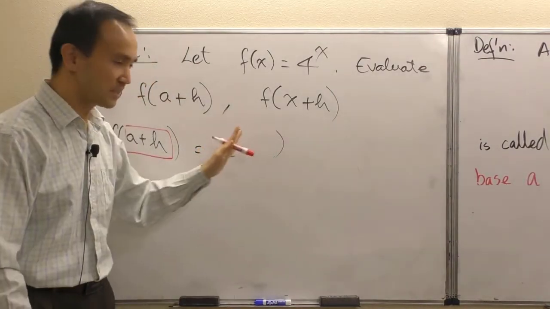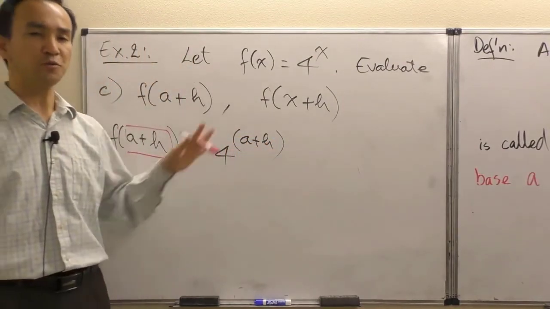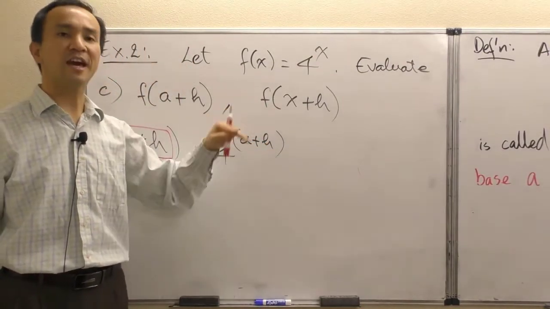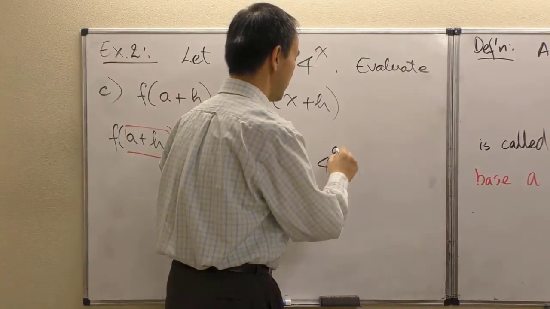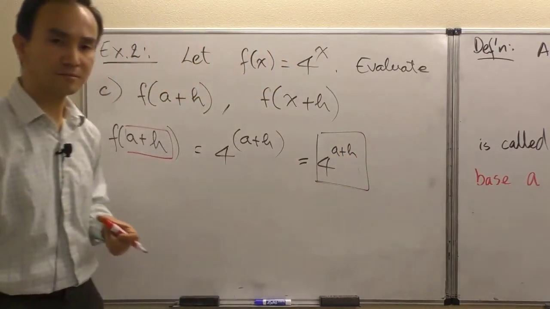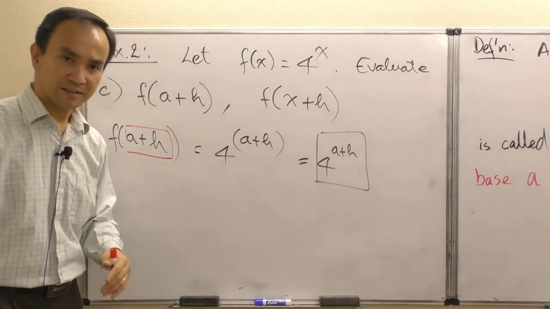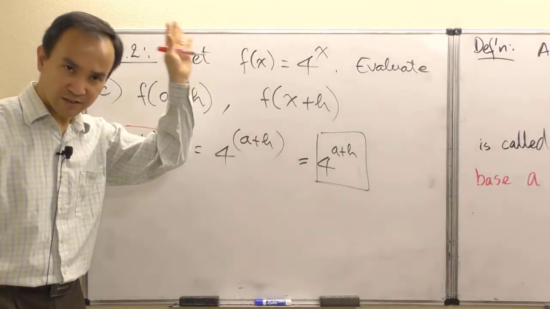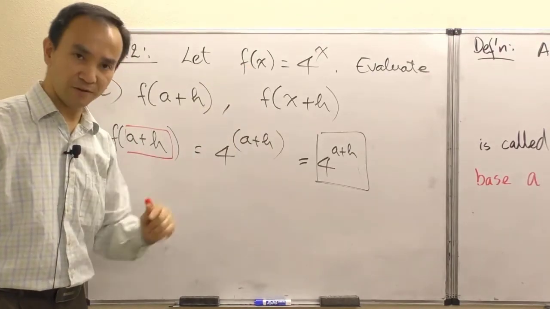The place of x here is right now empty, so now we throw the whole a plus h in there. So now in the superscript position is a plus h, and we can simply write that as 4 raised to the power a plus h. That is some final expression. And this problem never asked for simplifying it. And so that's where we finish with our problem.